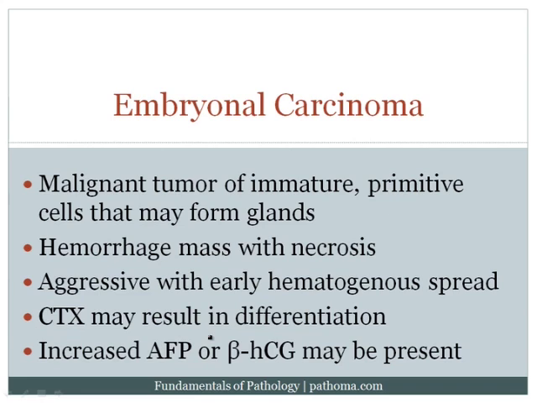Now, embryonal carcinoma is very primitive, and it also has the ability to secrete alpha-fetoprotein, or beta-HCG, and that again is important to note. Classically, you would associate AFP with yolk sac tumor, and classically you would associate beta-HCG with choriocarcinoma, the tumor of placental tissue. However, it's important to note that embryonal carcinoma can secrete either AFP or beta-HCG.